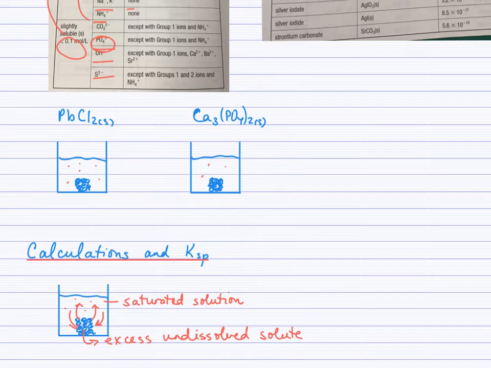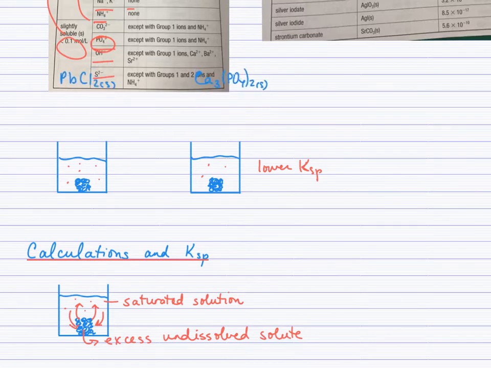What's key is the different number of ions shown in the saturated solution. Neither are very concentrated, and yet because of the lower KSP of the calcium phosphate, at equilibrium there will be fewer ions of calcium and phosphate in solution compared to the lead ions and chloride ions in the first beaker.